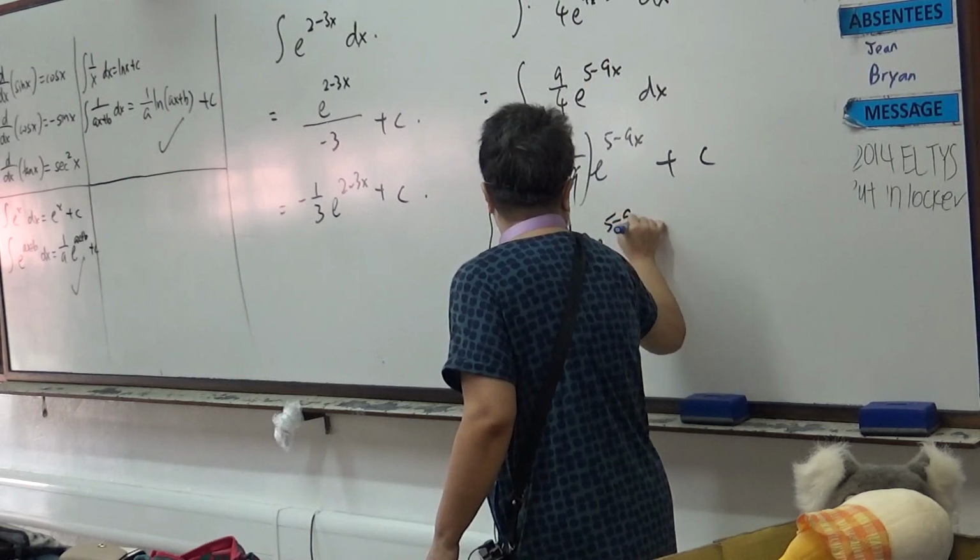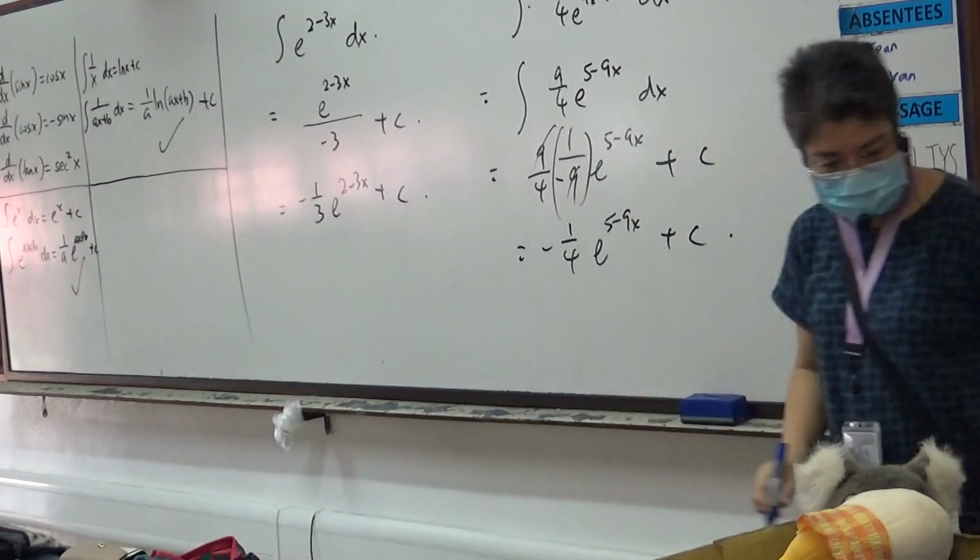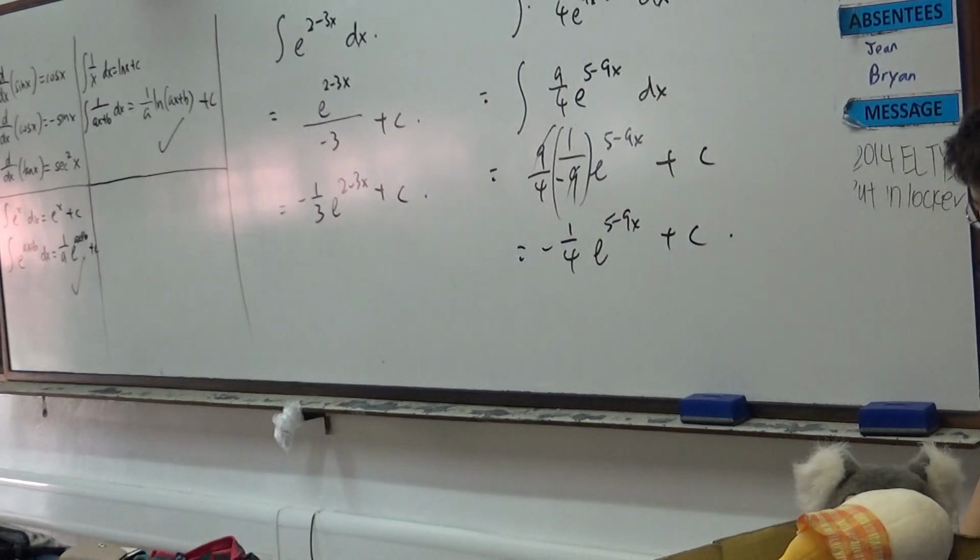Negative 1/4. Alright, now how come my answer is different from the textbook?